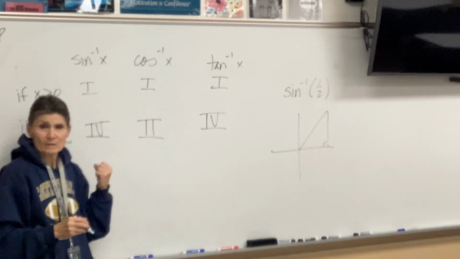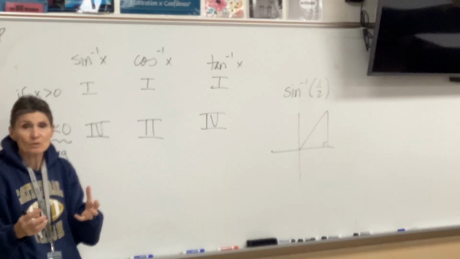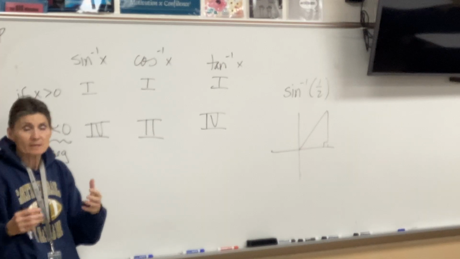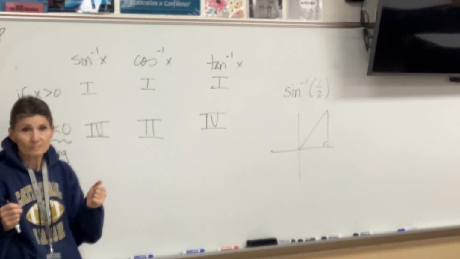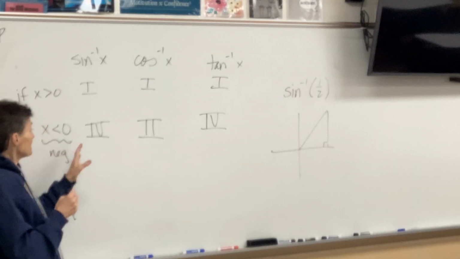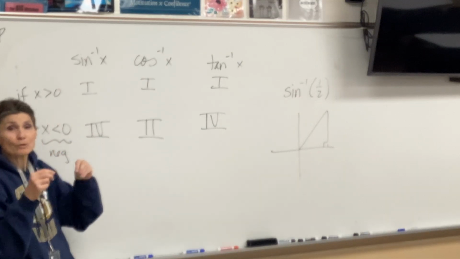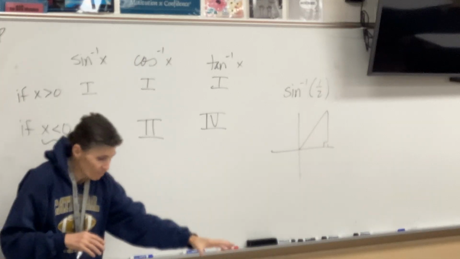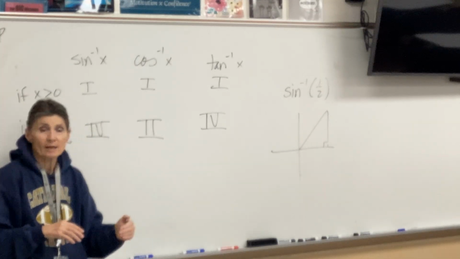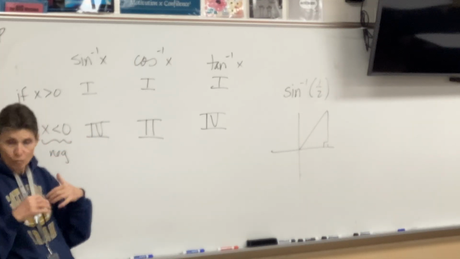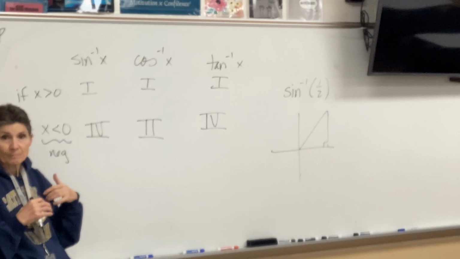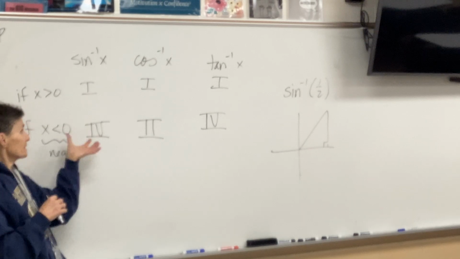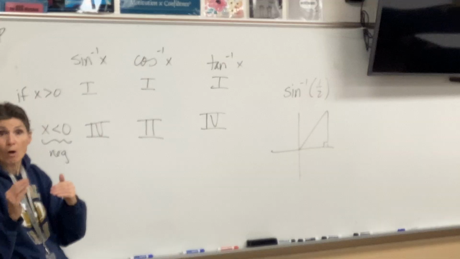These are rules that we have, and there are reasons that we have these rules, but for our purposes, these are the rules. This tells you where to draw your triangle. So for all of these problems on this page, A through J, you're going to be drawing a triangle, okay? This tells you where to draw the triangle.